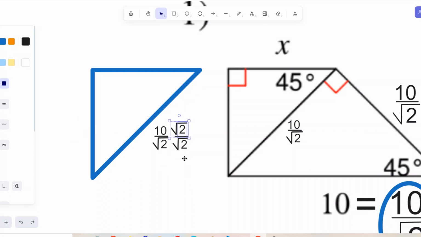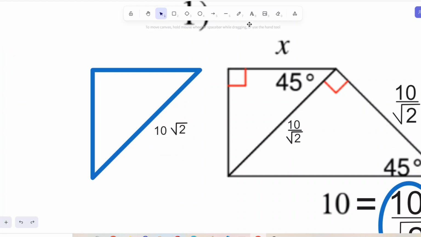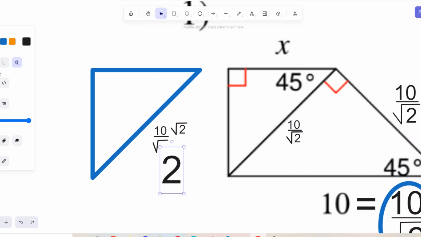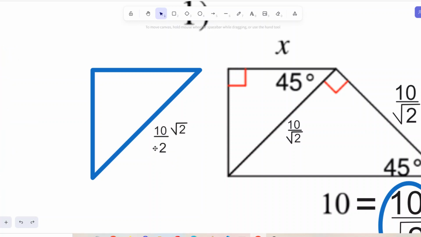And then this simplifies. Root 2 times root 2 in the denominator is just 2. So this would be 10 root 2 over 2.